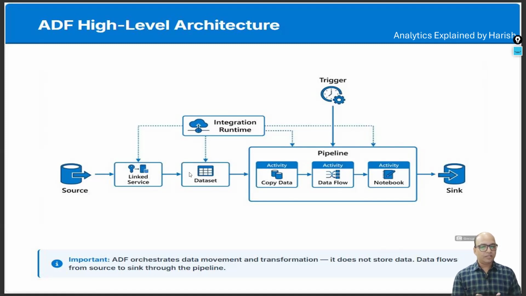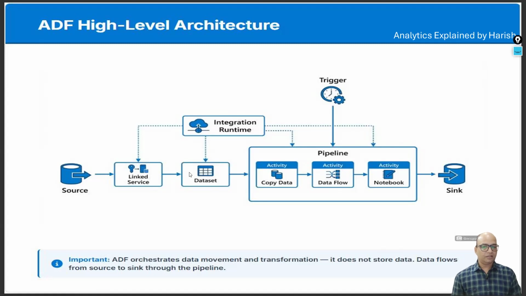ADF also needs connection details. So link service contains the connection details, like the blob storage connection details, or if you have a server, then server details like username, password, authentication. There are different things. So link service always has the connection details.